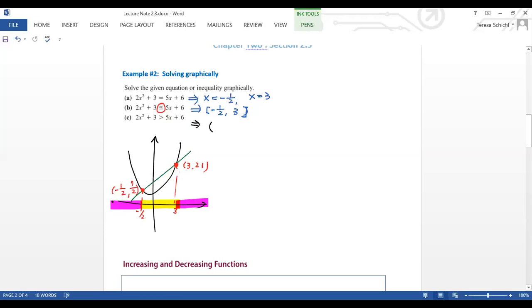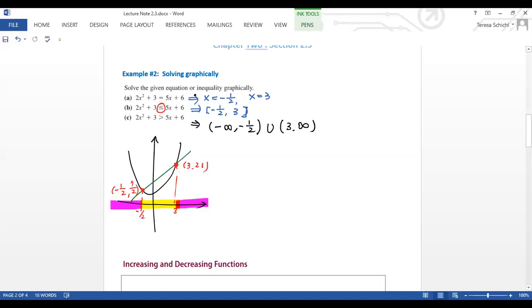So this line here, this purple one, is from negative infinity all the way to what? To -1/2, right? And the union from 3 to what? To positive infinity. You get that? All right. Okay, so that is how you solve graphically, right?